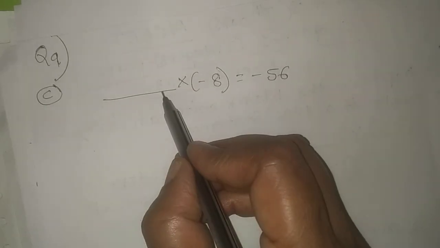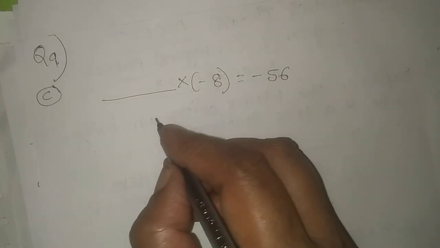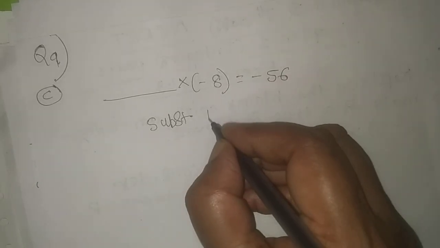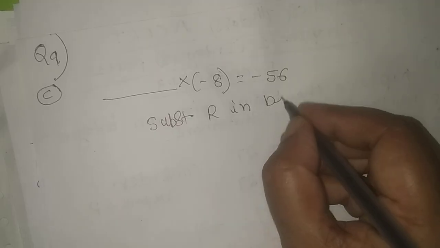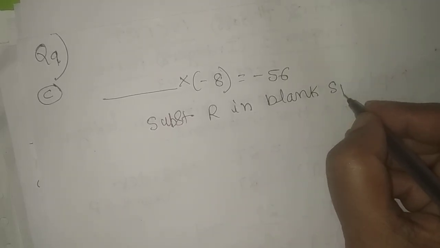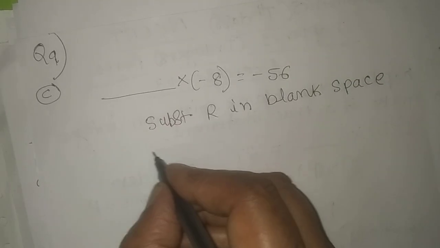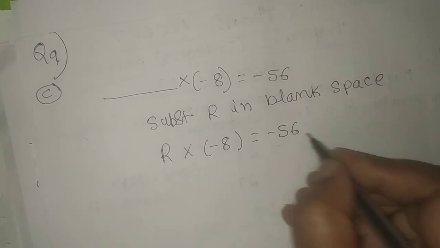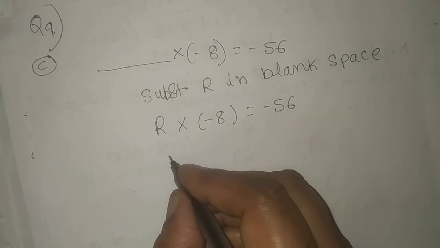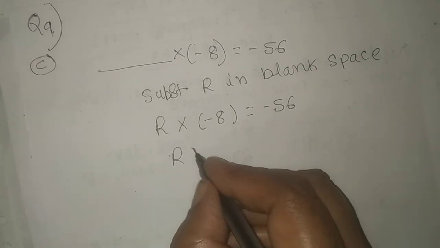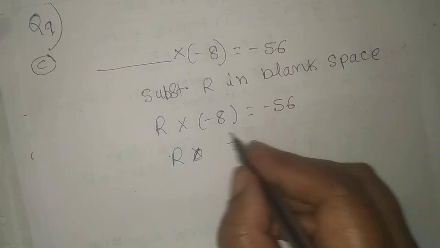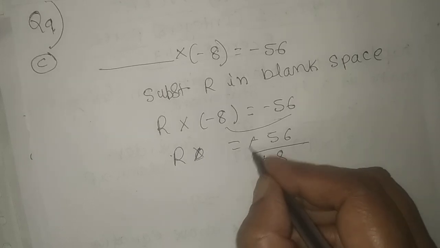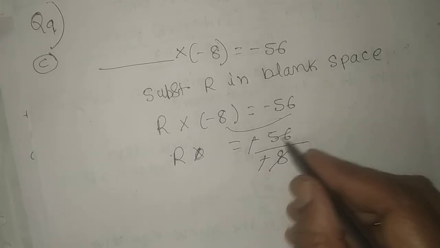Question 9c. Dash into minus 8 is equal to minus 56. So substitute R in blank space. So R into minus 8 is equal to minus 56. Therefore R is equal to, bring this here, minus 56 by minus 8, minus minus cancel, 8 ones are 8, 8 sevens are 56.